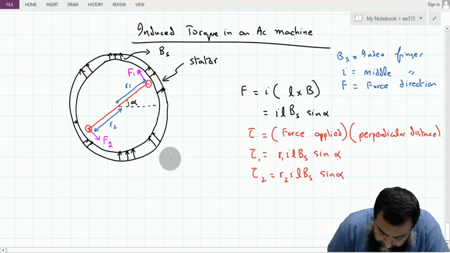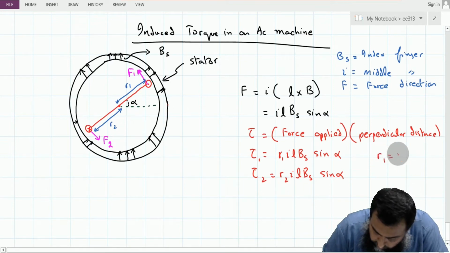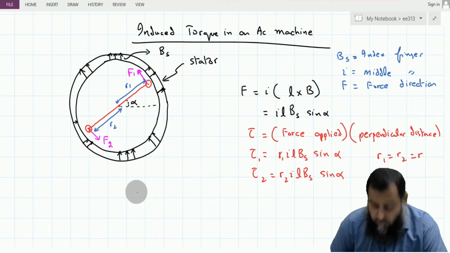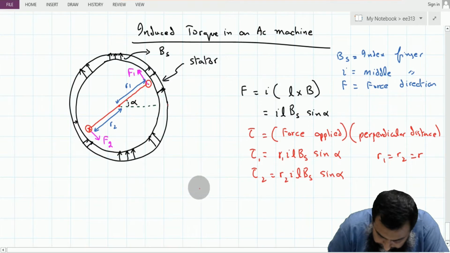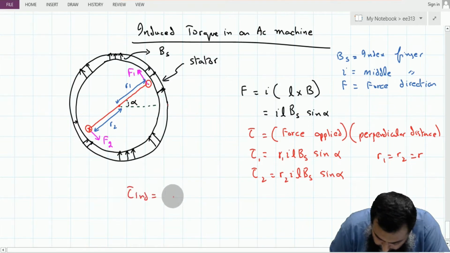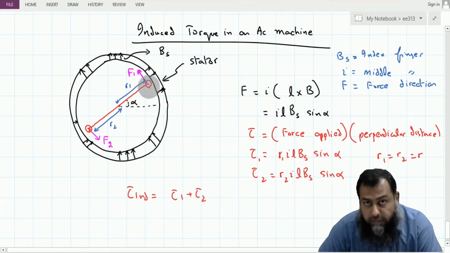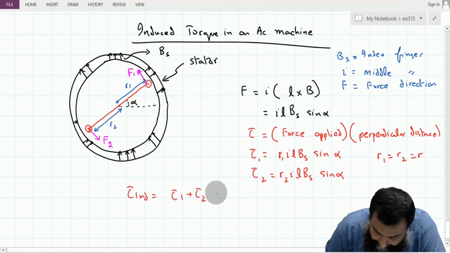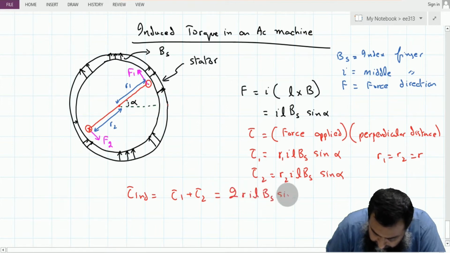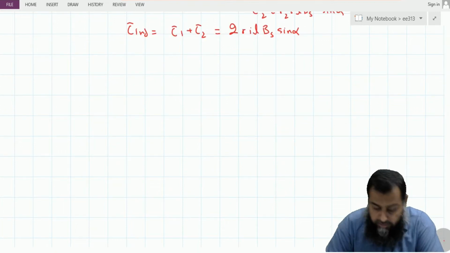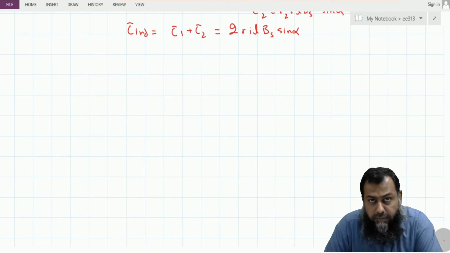Then this R1 is equal to R2 is equal to R. So the combined torque on this rotor loop is equal to the sum of the torque which is induced on this conductor number 1 and this conductor number 2, and that is equal to 2 times R IL BS sine alpha. Let us analyze this particular expression further to develop the induced torque as a function of the magnetic field.